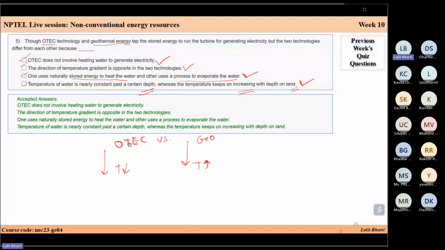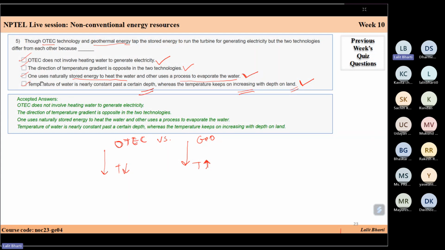But in an OTEC system, as you go in depth, your temperature will decrease, and at the surface, you have the higher temperatures. So the direction is opposite in both technologies. So option 2 is correct.